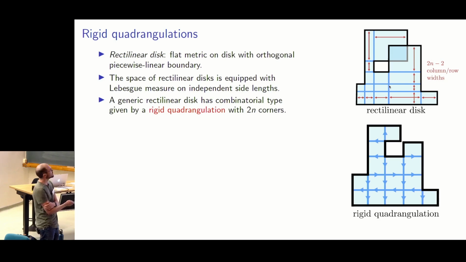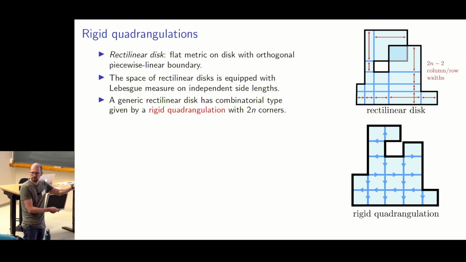If I want to sample a uniform rectilinear disk, I just have to sample a uniform rigid quadrangulation and then just distribute my perimeter in the various columns and rows by sampling a point in the simplex of dimension 2n minus 2. So really this is just combinatorics and it's not geometry. Okay.